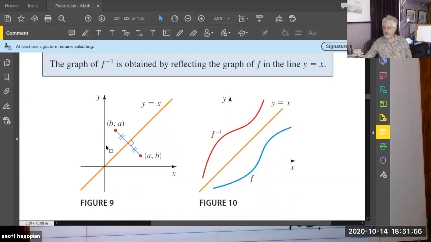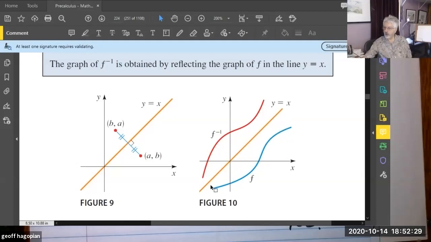Okay, so here's this nifty thing about the graphs. If you do reverse the variables, then plot both functions in the same xy coordinate plane, then you will see a symmetry. So notice that this function f is 1-to-1, right? It passes the horizontal line test. And that the inverse function is the reflection of that shape in the line y equals x.